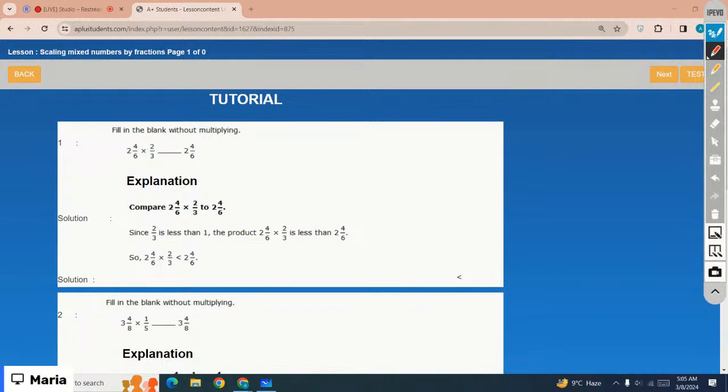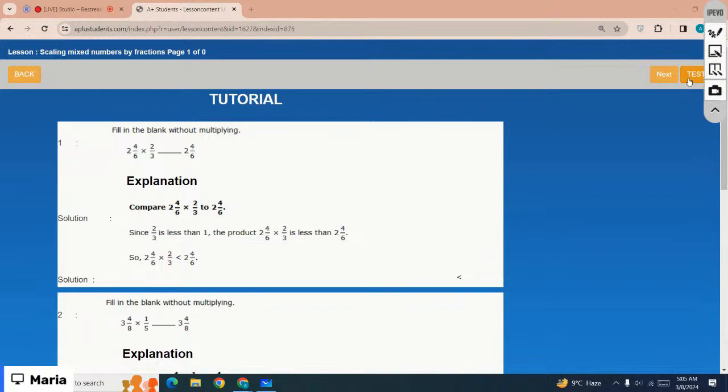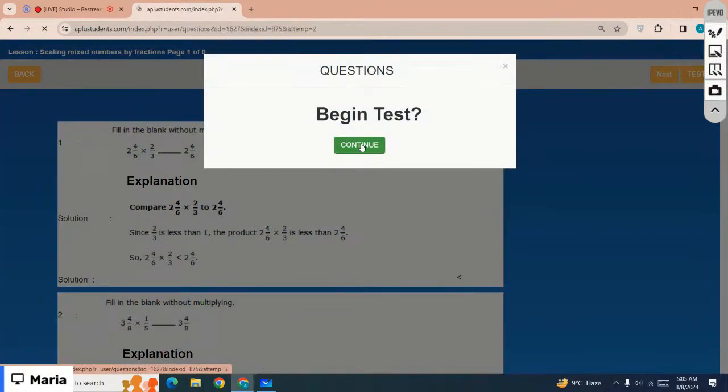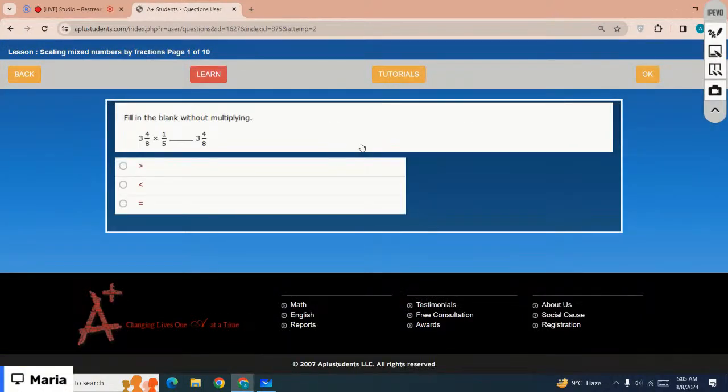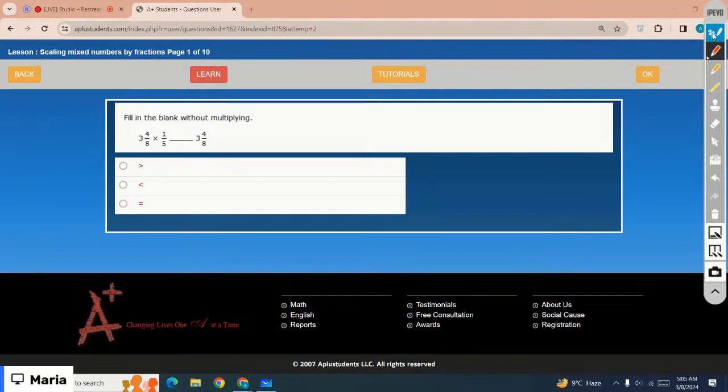Let's just start with the test questions. Okay, fill in the blanks without multiplying. 3 whole 4 by 8 times 1 by 5. You have to compare it to 3 whole 4 by 8, right? So this mixed number and this, they both are exactly the same. Here you have 1 over 5. 1 over 5 is less than 1.